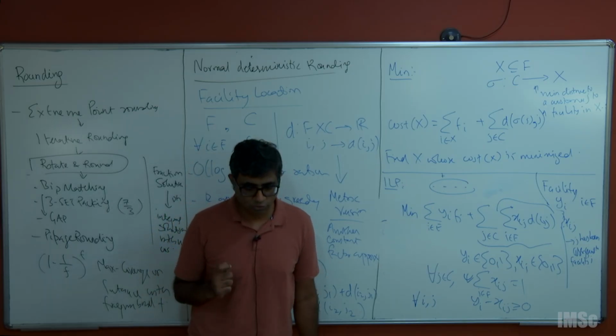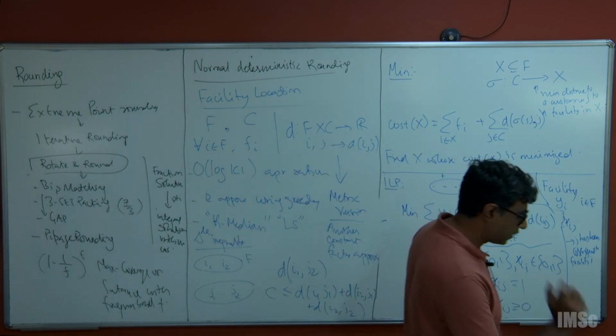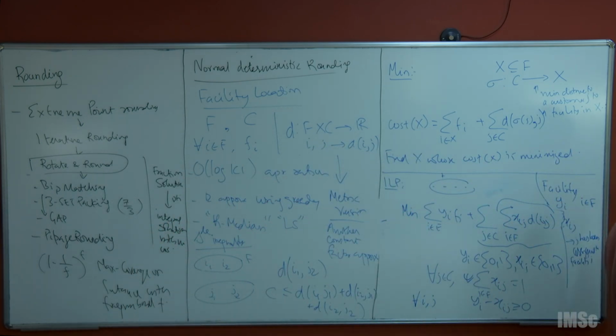I also want to ensure that if you have set some xij's to 1, the corresponding yi has been set to 1. You understand my point, Pallavi? So if you do just a sum, I cannot guarantee this. So to guarantee this, I must ensure that if a customer is served by some facility, then that facility is open.